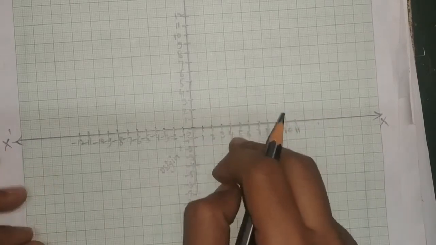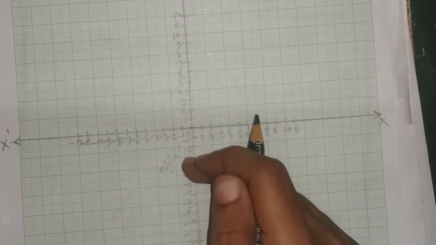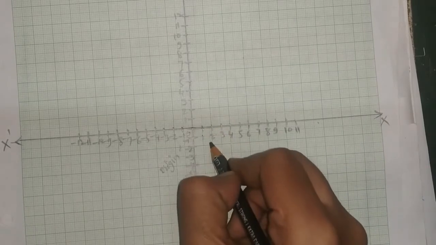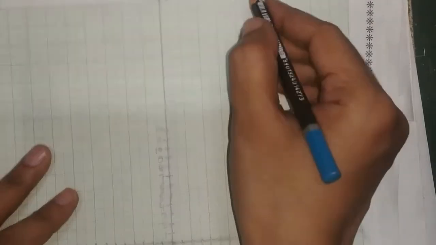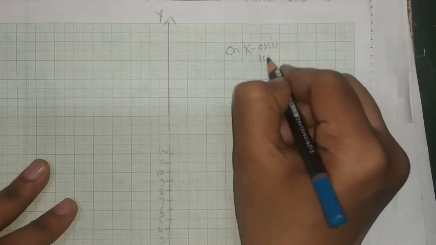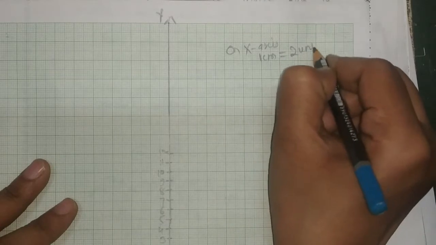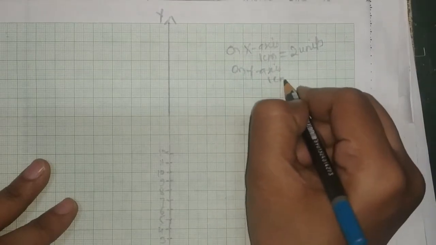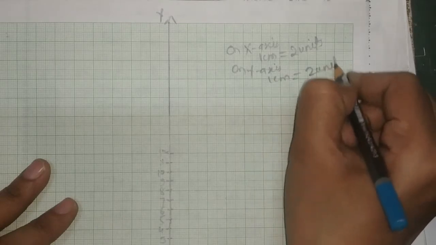Now carefully see the scale I have kept on both the axes. 1 centimeter, this box, represents 2 units on both axes. So compulsorily write down here on the x-axis 1 centimeter is 2 units, and in the same way on the y-axis 1 centimeter is 2 units.